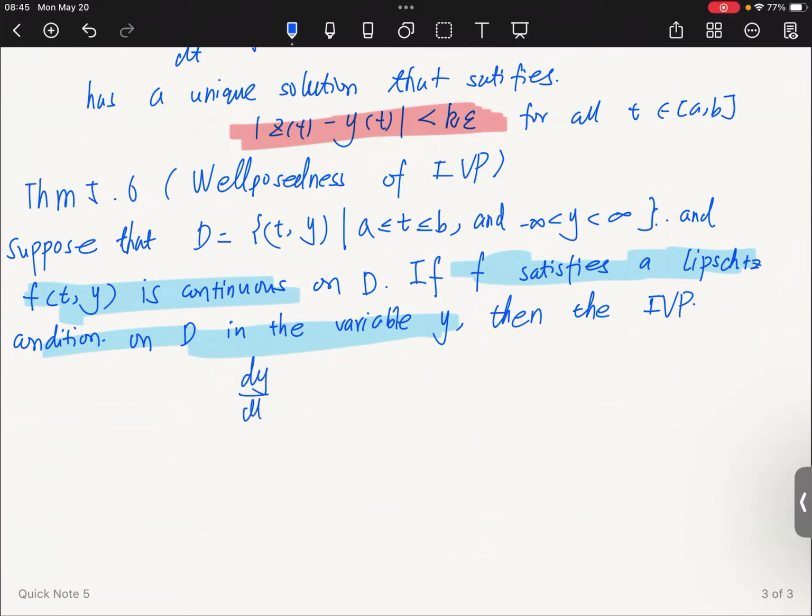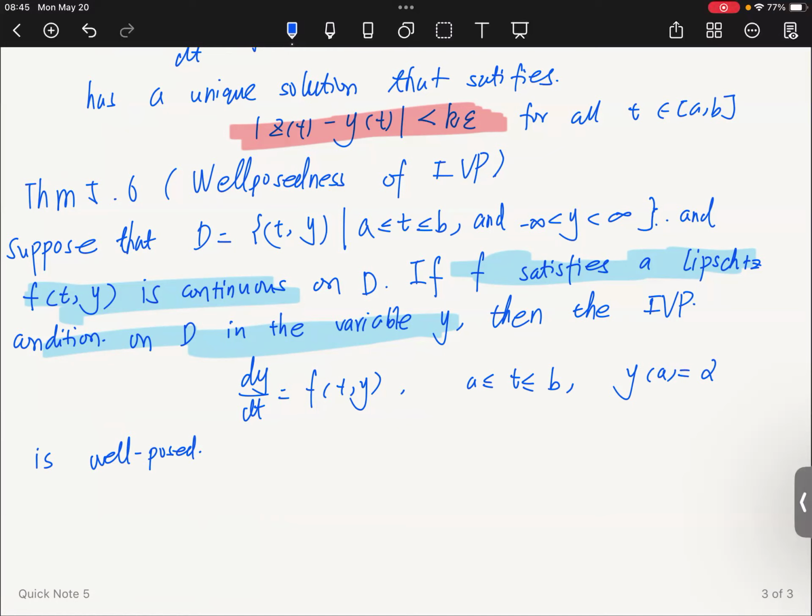dy/dt equals f(t, y), where the time domain is [a, b], and the initial value y(a) equals alpha. This problem is well posed. Once again, well posed means first the uniqueness of the solution, and second, a small change in the solution corresponding to a small perturbation.